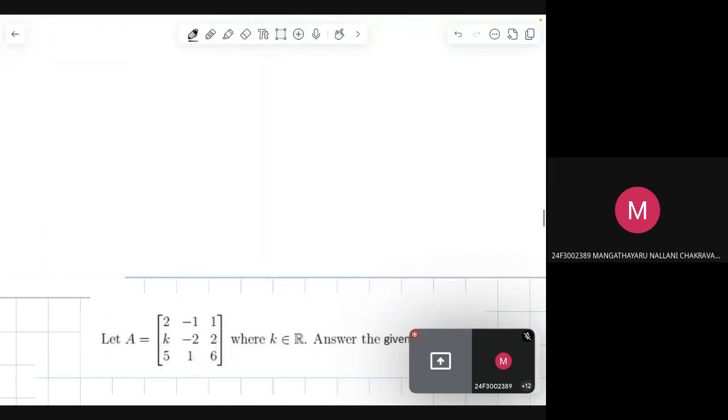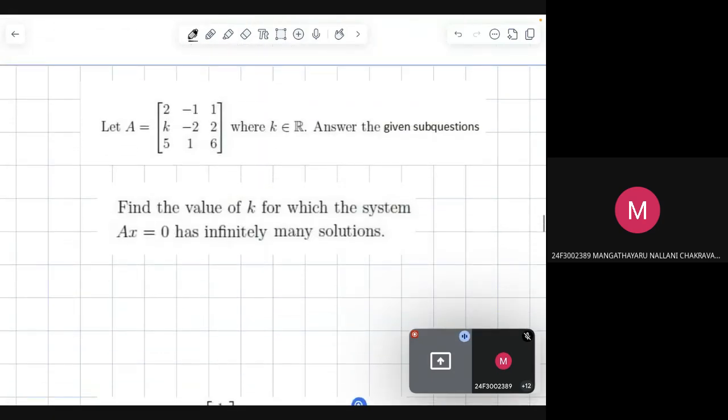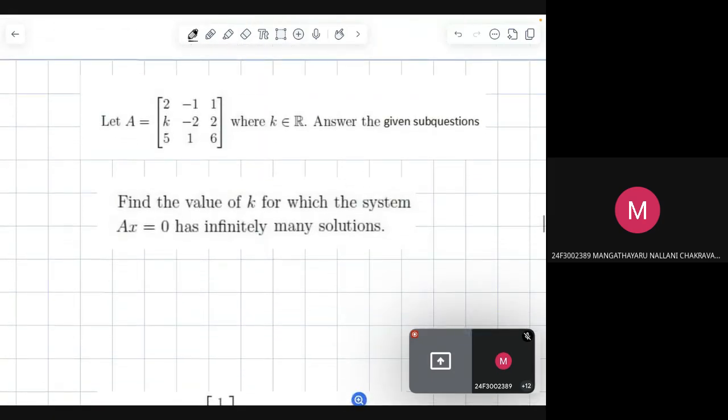Okay, now we are at the next question. We have a matrix A: 2 minus 1 1, k minus 2 2, 5 1 6, and k is a real number, and we have to find the value of k for which the system Ax equal to 0 has infinitely many solutions.